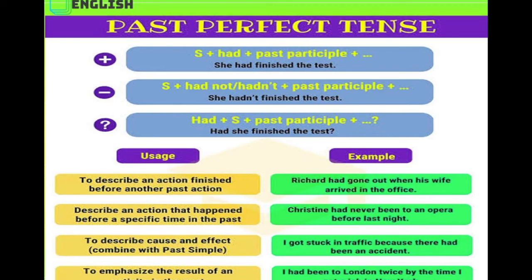To describe cause and effect combined with past simple: I got stuck in traffic because there had been an accident. Now the next usage, to emphasize the result of an activity in the past. An example is, I had been to London twice by the time I got a job in New York.